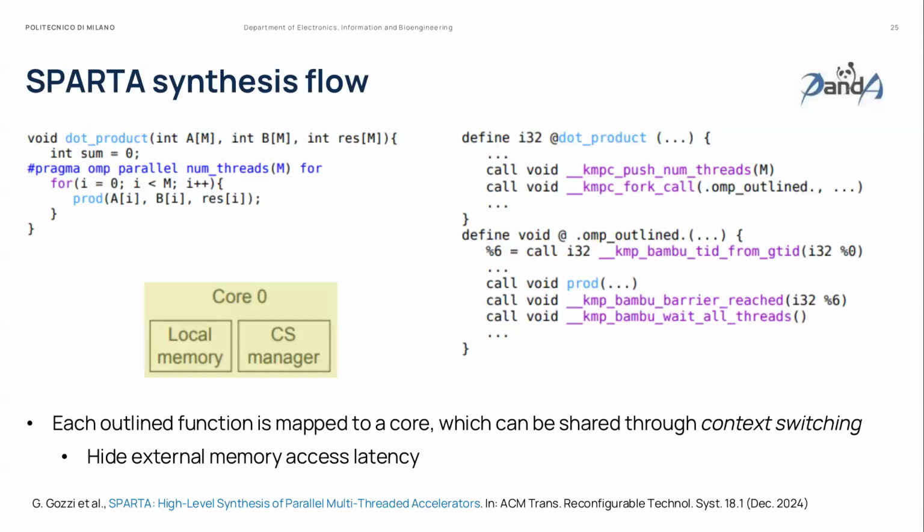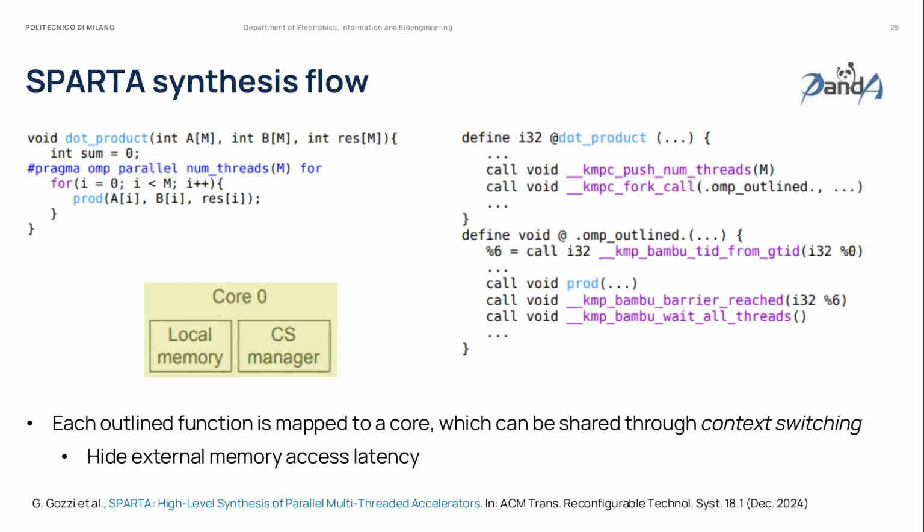So this is your input. When it gets compiled, you have this fork call here, which has an argument OMP outlined. The OMP outlined function gets synthesized into a core, and then multiple copies of this core are instantiated.